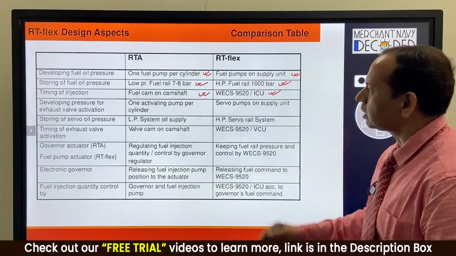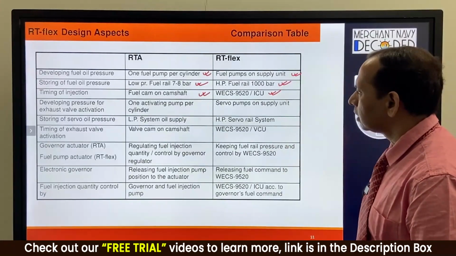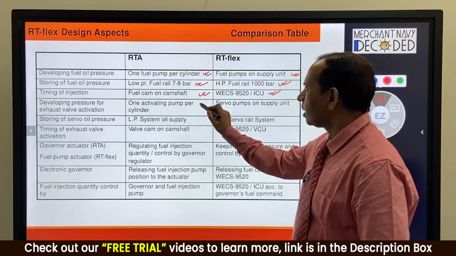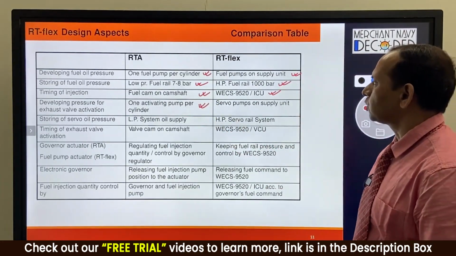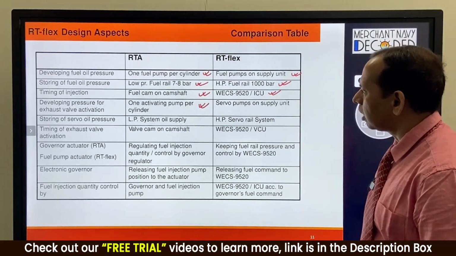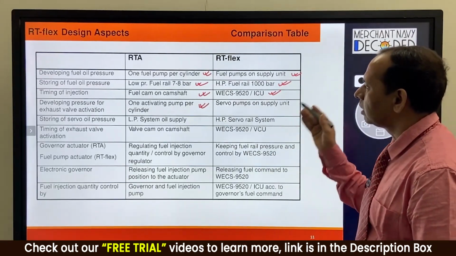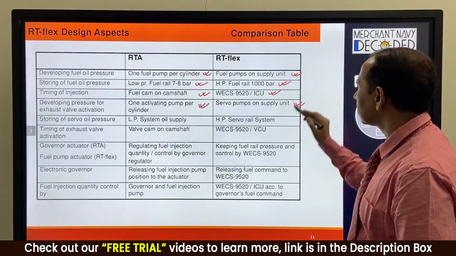Then the fourth one, developing pressure for exhaust valve actuation. How is the exhaust valve going to open by hydraulic pressure? So here we were having one exhaust actuator for each individual exhaust valve, that is, per unit we have a separate actuator, whereas in this engine there is no separate actuator.